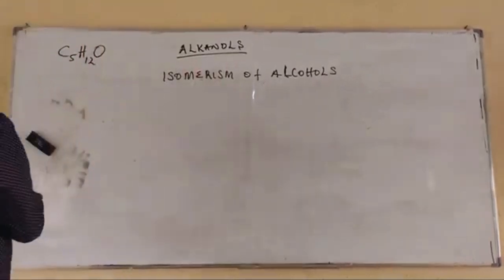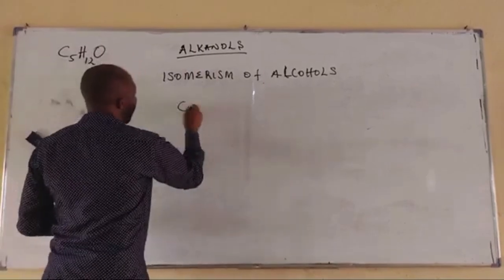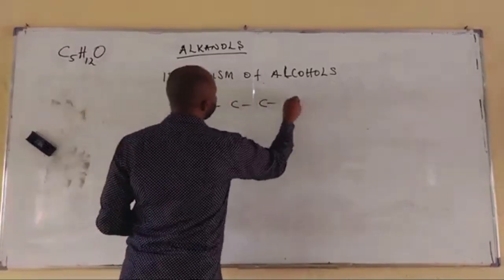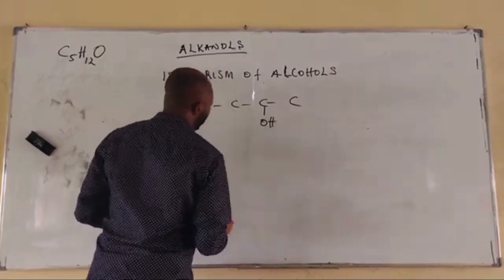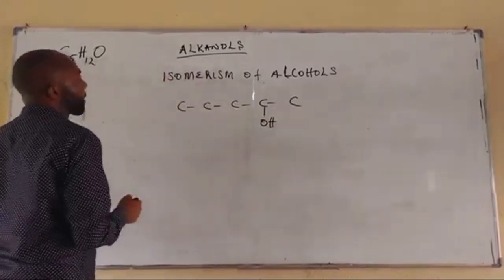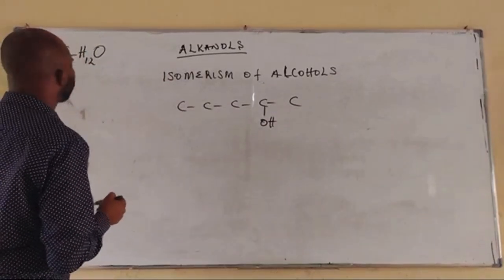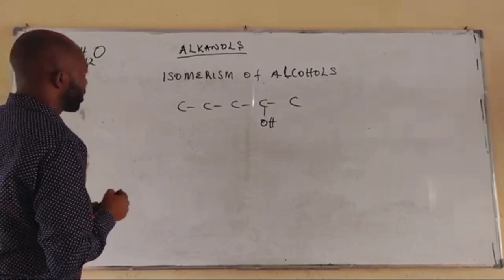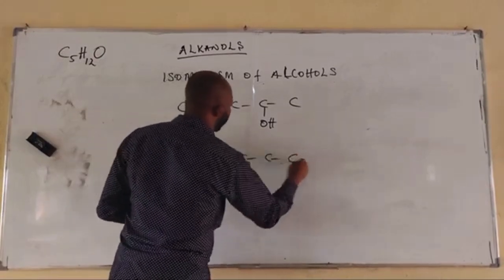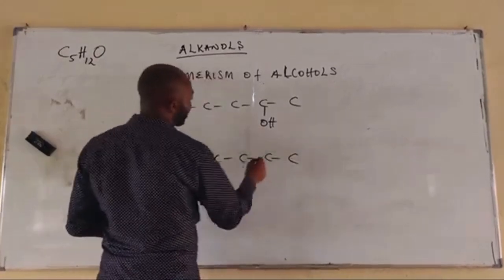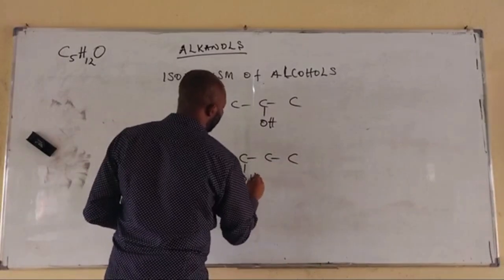So let's start. The first one: 1, 2, 3, 4, 5. If I have my OH here, it's second. Okay, that's 1, 2, 3, 4, 5. If I have another 1, 2, 3, 4, 5, and my OH here, it's also second.